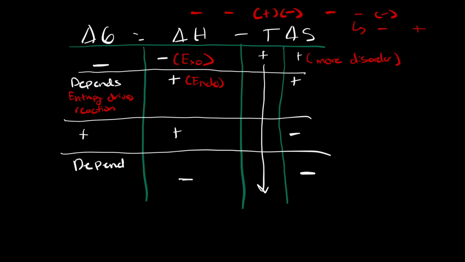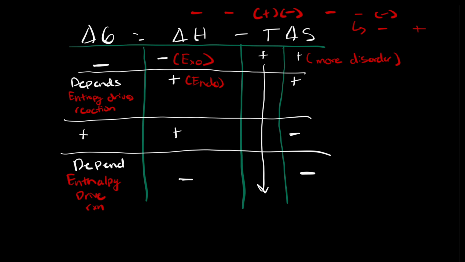In this case, typically the lower the temperature, the more likely it is for the reaction to be spontaneous. And so in this case here, we're going to say that enthalpy is going to drive our reaction, because again, it's our energy released here that's making it possible to do this reaction.